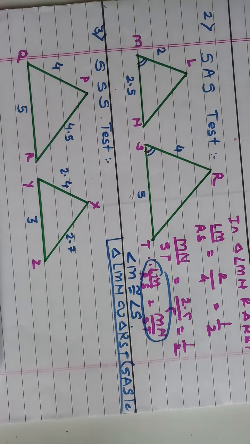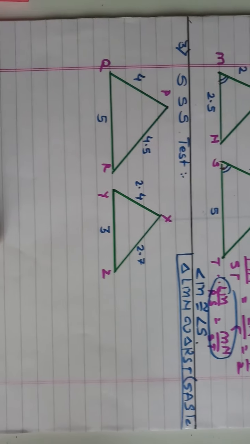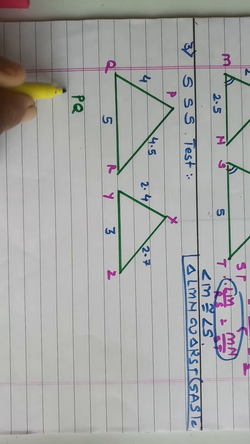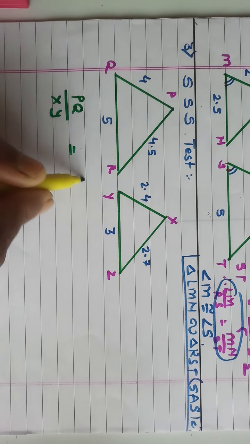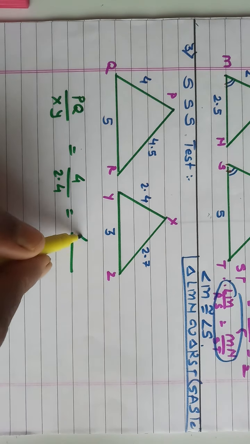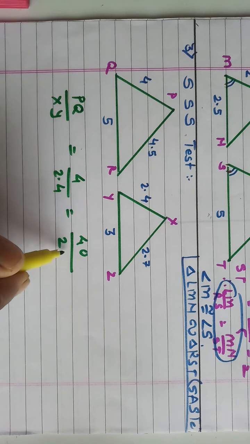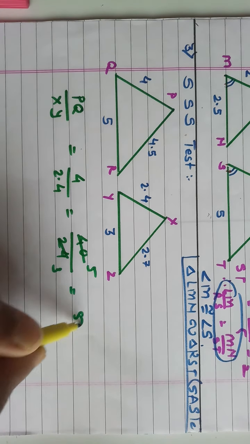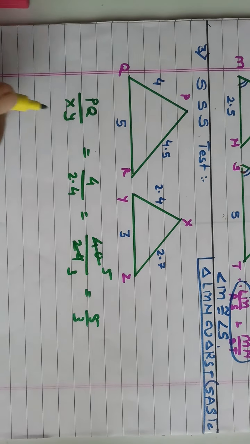And finally the SSS test. We have triangle PQR and triangle XYZ. Let's find the ratio of all three corresponding sides. PQ upon XY is 4 upon 2.4. If we remove the decimal, it becomes 40 upon 24. Dividing by 8, 5 upon 3, so the ratio is 5 upon 3.